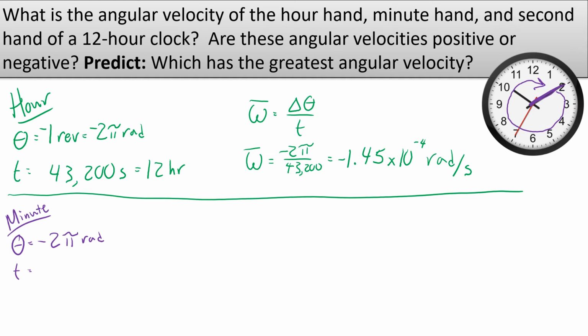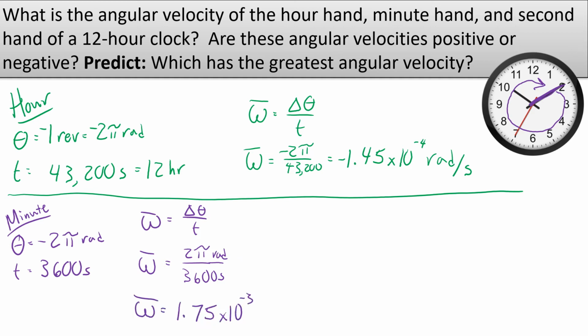You might say 1 hour, which if we did the conversion, gives you 3,600 seconds for the minute hand to go all the way around once. So again, your angular velocity is your change in your angular displacement with respect to time. Your angular velocity is 2 pi radians in 3,600 seconds, which gives you 1.75 times 10 to the negative 3 radians per second.